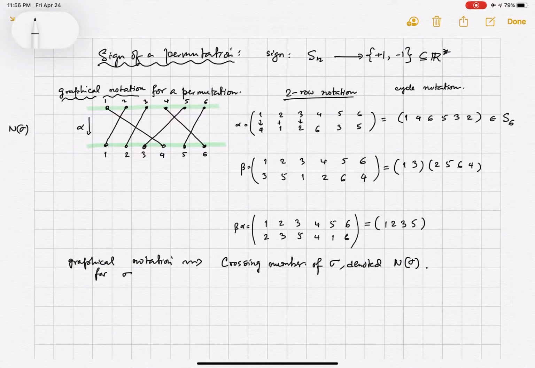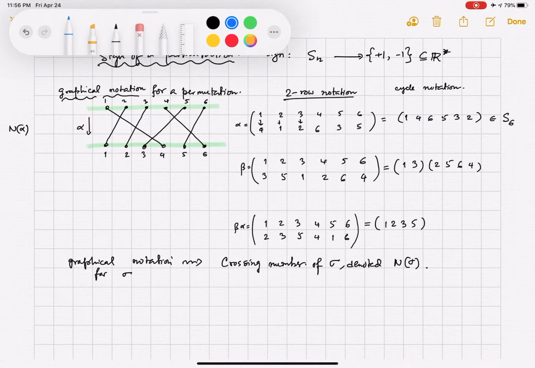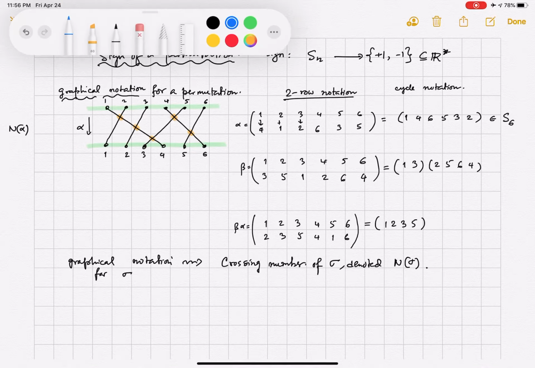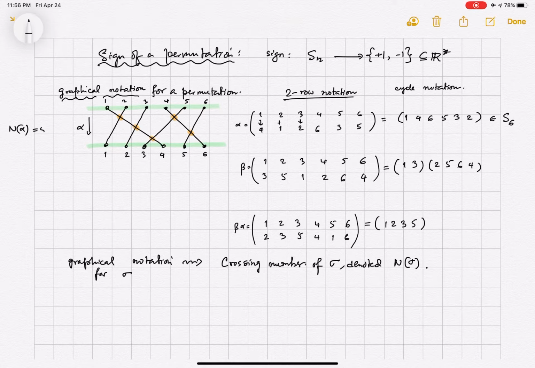So let's count the crossing number of this alpha. It is 1, 2, 3, 4, 5, the number of times these threads cross. 5.